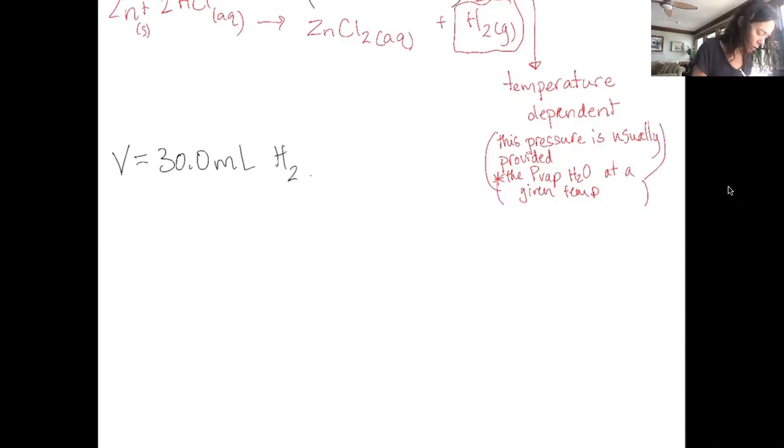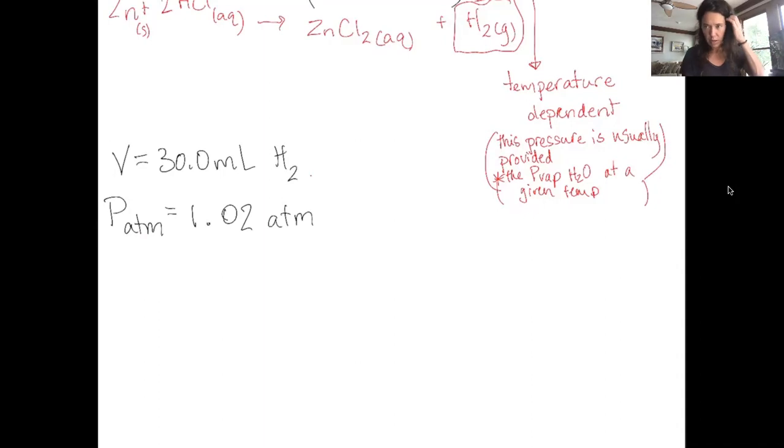We'll say that the total pressure for this is 1.02 atmospheres. That's pretty standard, and I'm making some numbers up. Let's say that our temperature was 25 degrees Celsius.